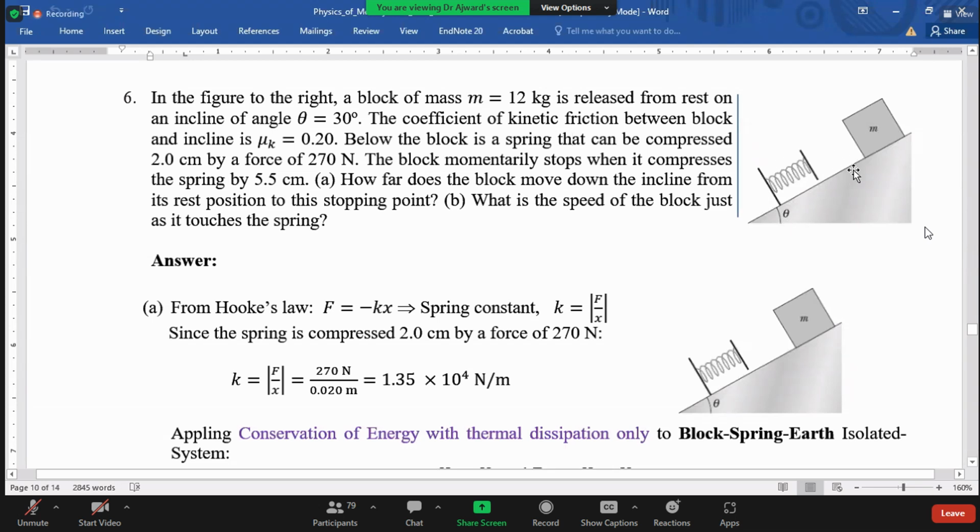If you neglect any air drag, air resistance, then it would be isolated. And you can apply the conservation of energy to find how far the block will move down the incline from the rest position.